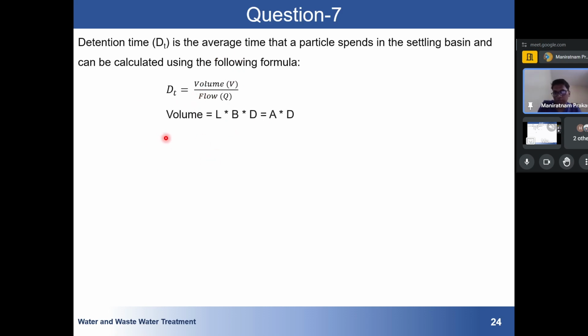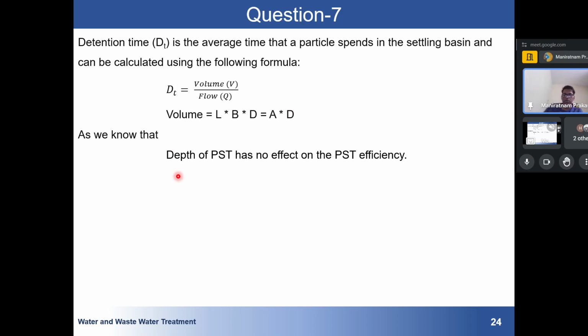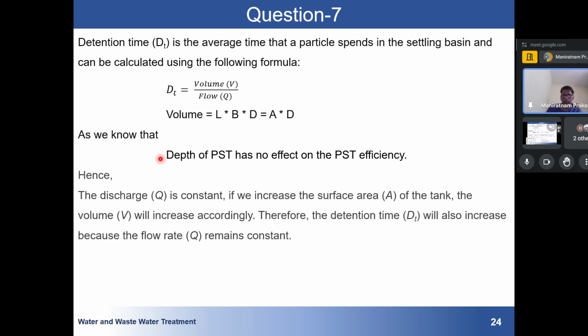And now volume is a function of length, breadth and depth, and L into B is given as area. So volume is area into D, and we know that for efficiency D doesn't matter. This I have already said. So if Q is constant and we increase the surface area of the tank, the volume V will increase accordingly.